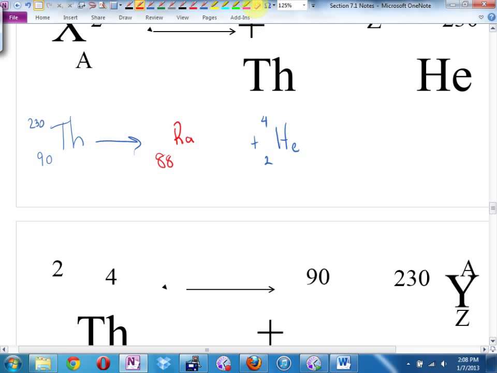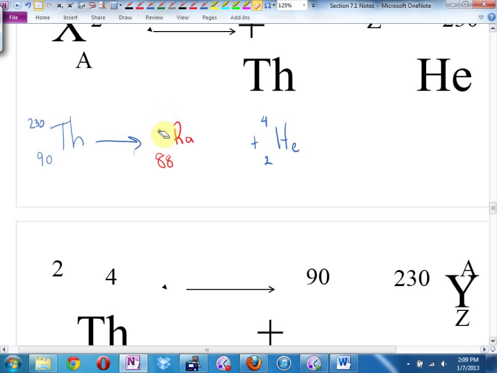How much mass did I have to start out with? Dylan? In this case, 230? What's the mass of the alpha particle? Jenny, what's the mass of the alpha particle? 4.